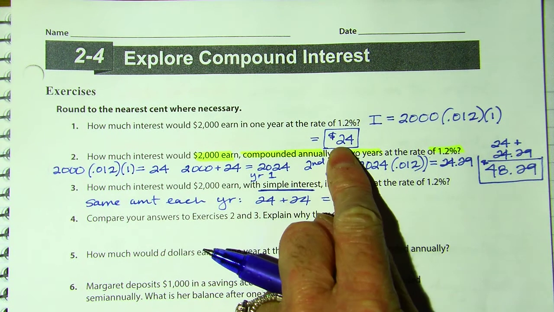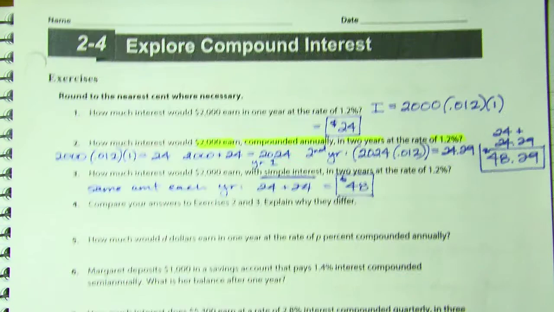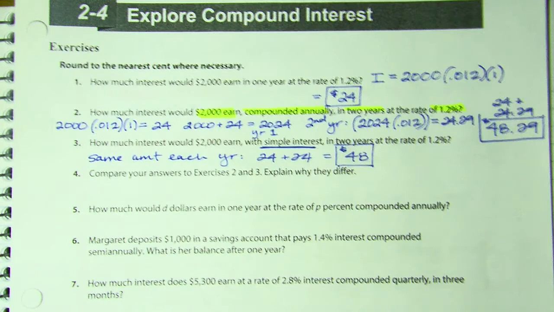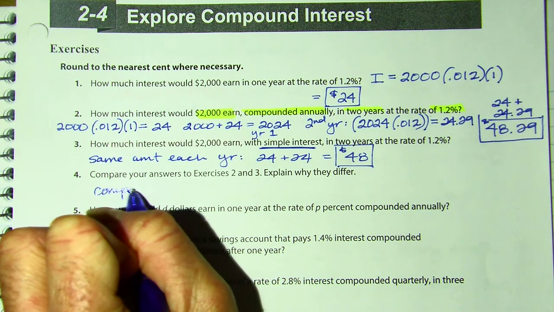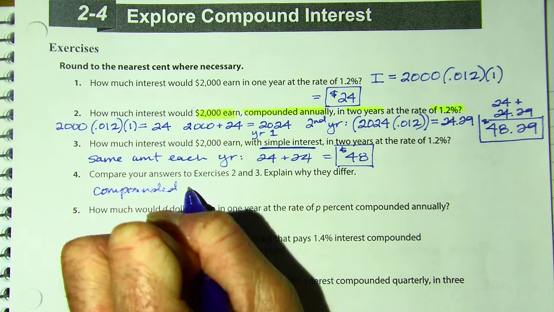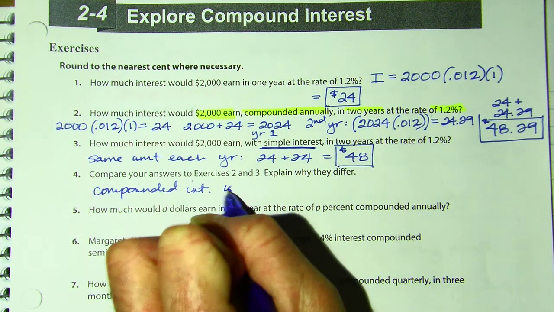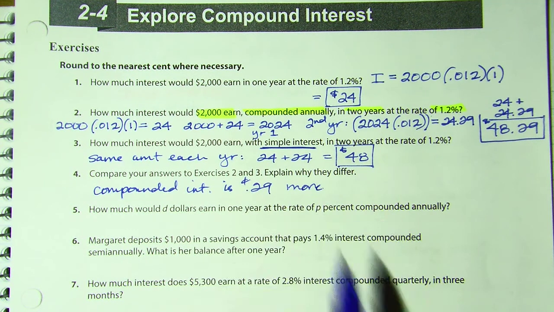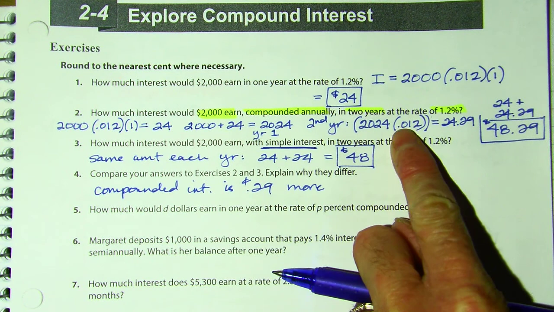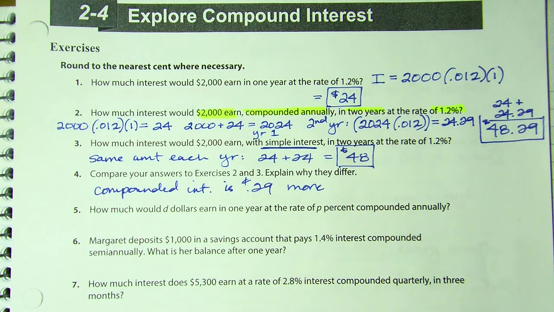Because that's what I calculated up here. Compare my answers. The compounded interest is 29 cents more because I'm calculating it on the previous total.